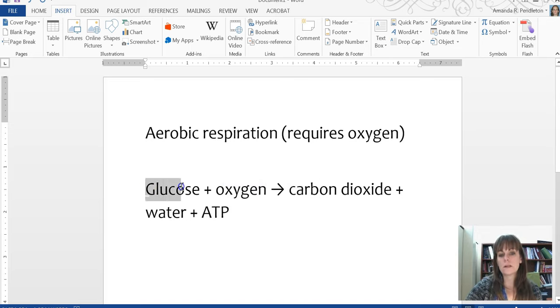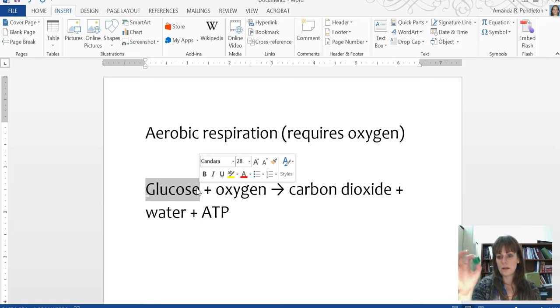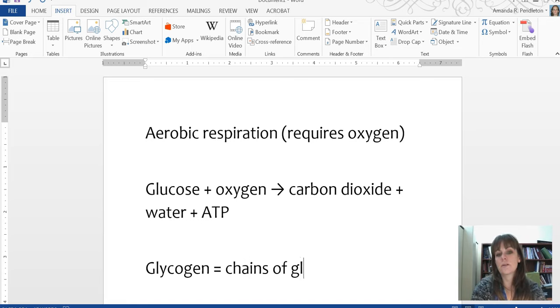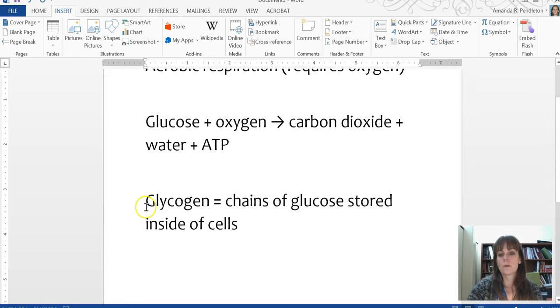One thing you need to know is that the cell can store glucose. If this here were a glucose molecule, the cell can take a whole bunch of glucose molecules, smush them together, and store this. This is called glycogen. Glycogen is essentially chains of glucose stored inside of cells, and it is one of the main storage sources of energy.